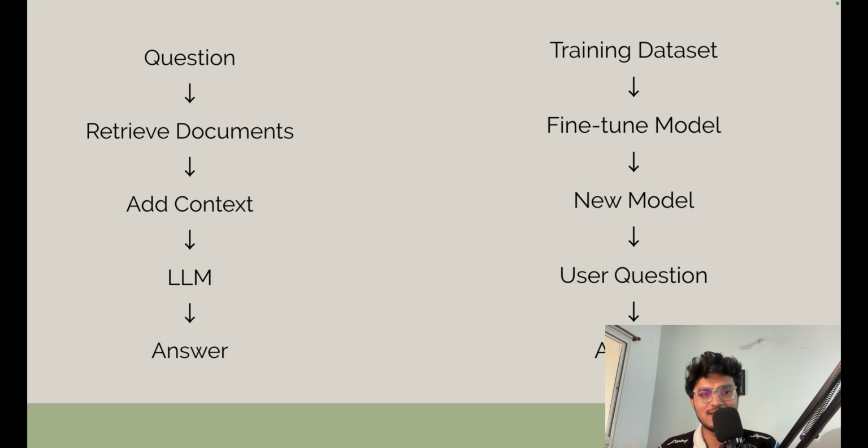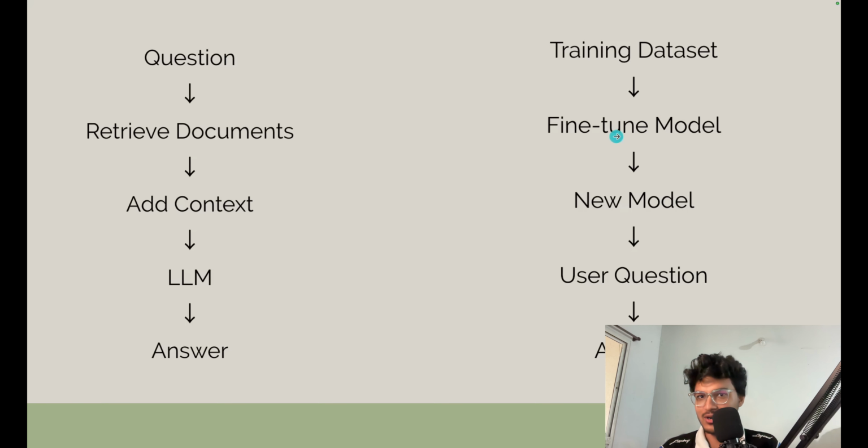That's the difference. In RAG, there is a question, you retrieve some documents, add some context, pass it to the LLM, and you get the answer. In the case of fine tuning, you have a training dataset and you fine tune an already trained model. Let's suppose you take GPT-4o and train it on your own data.